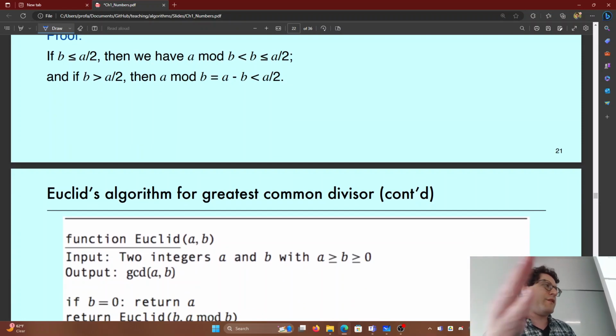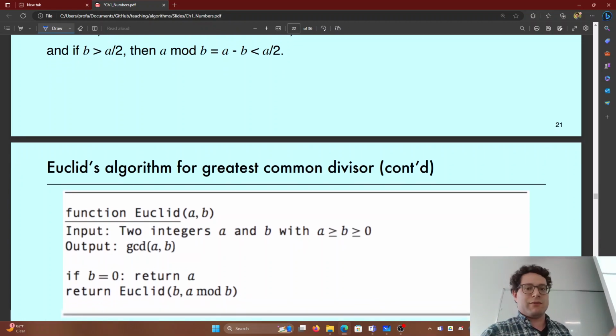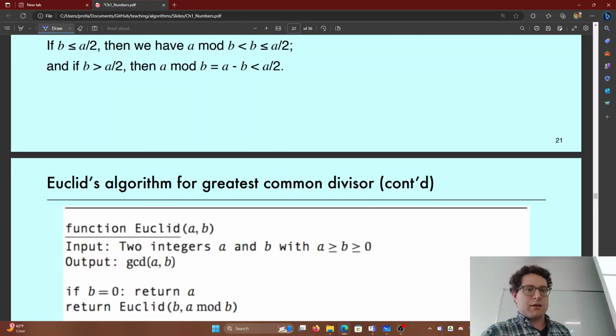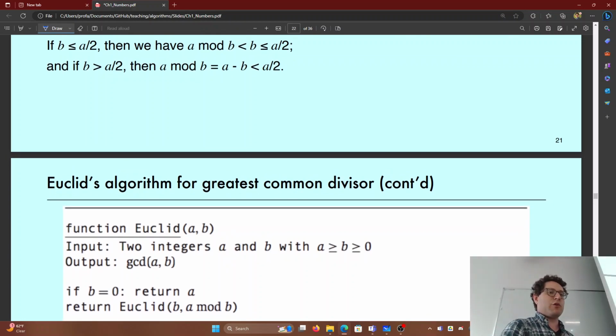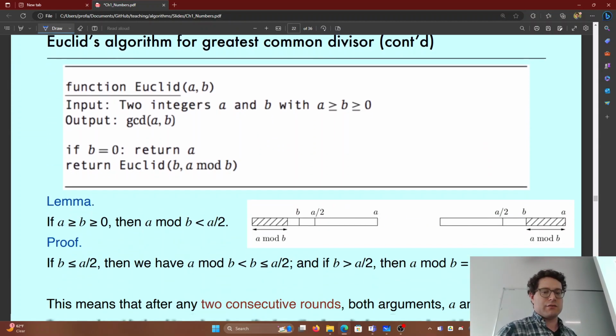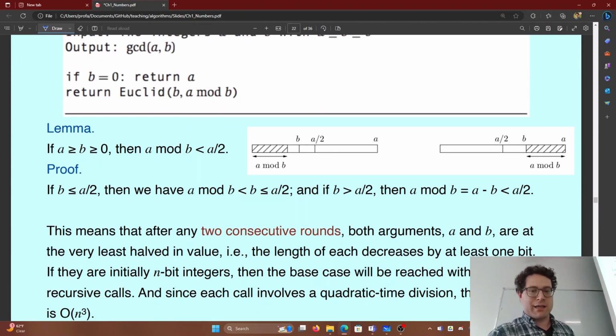Rather than doing multiple subtractions by doing modulus, we'd be doing only one. But we're going to take off more than half because B is bigger than A over 2. We can see that graphically, and we've got a nice graphic over here.